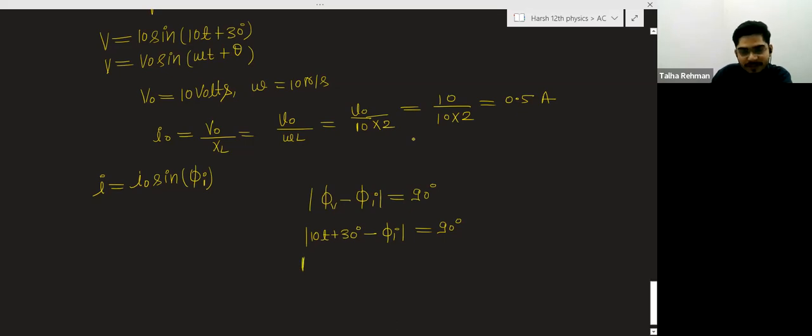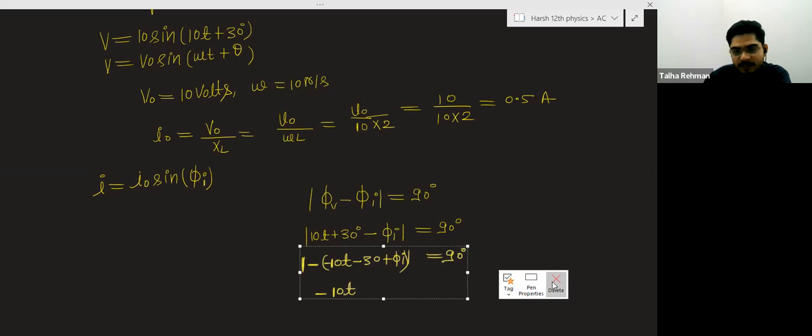Now I can write this like this also: minus of 10t, minus of 30 degree plus phi I is equal to 90 degree. This is a whole bracket, and this mod will give us the positive value, so it will become minus 10t minus 30 degree.